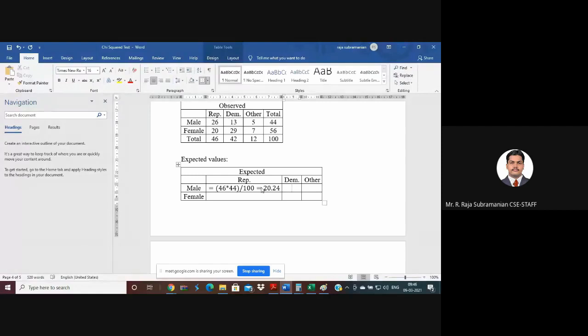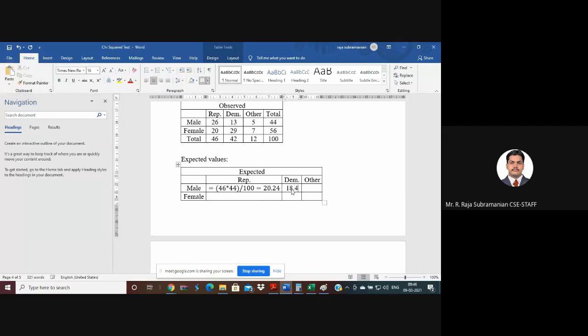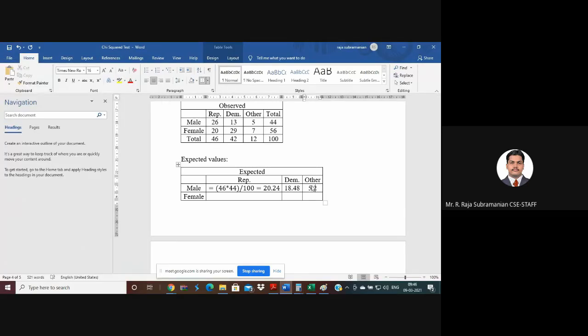Others and all we can directly calculate. So for 13, 42 into 44 divided by 100, that is 18.48. For others, 12 into 44, I get 5.28.